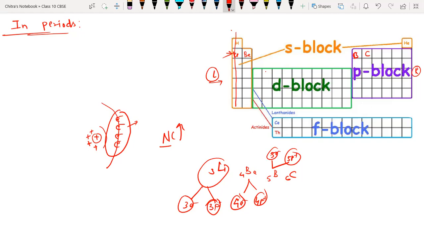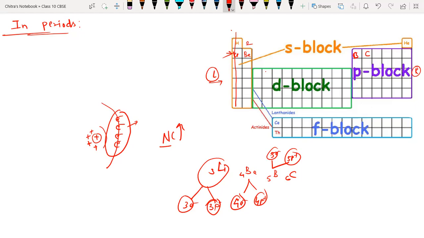So second group elements have 2 electrons in their outermost shell. That's why they have similar properties, like the same valency, and they combine with other elements in the same way. So they have a few similar properties, and that's why they are placed in the same group.